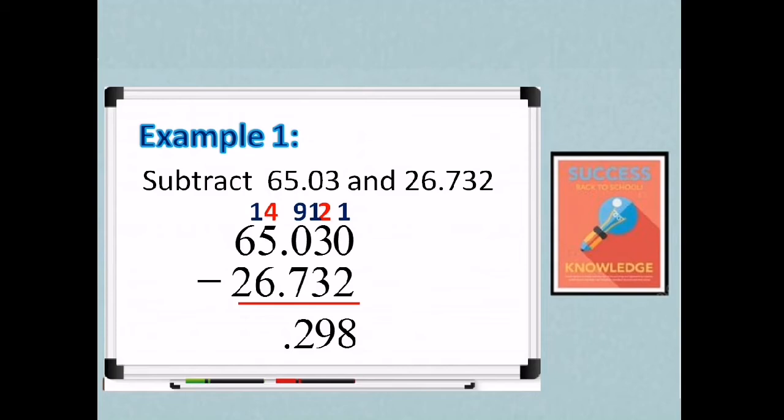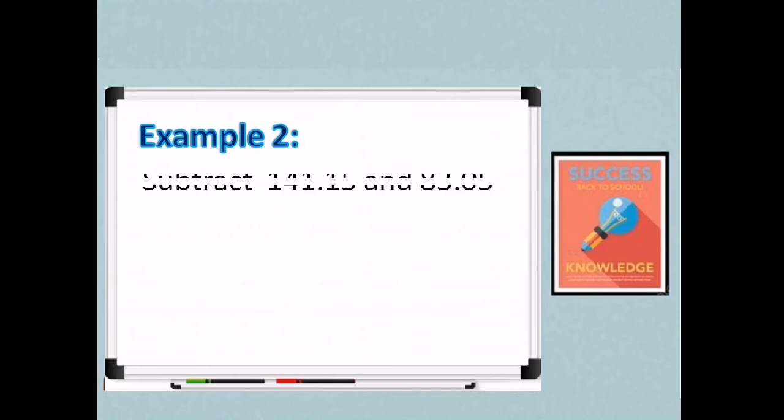Now, 14 minus 6 is equal to 8. Now, 6 will become 5. Then, 5 minus 2 is 3. Therefore, the difference between the two given decimals is 38 and 298 thousandths.